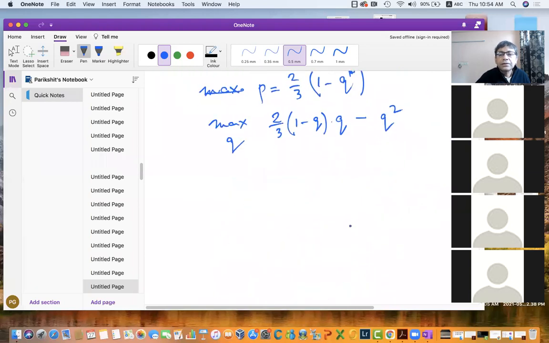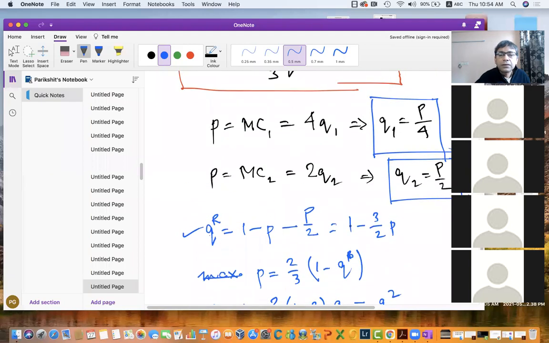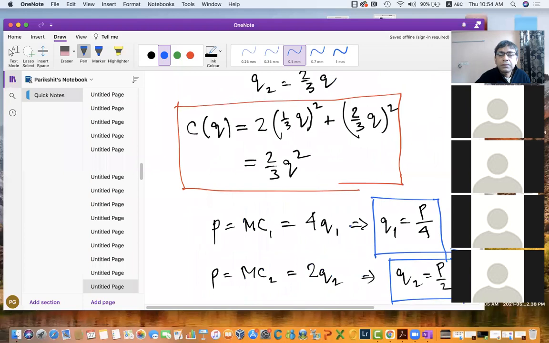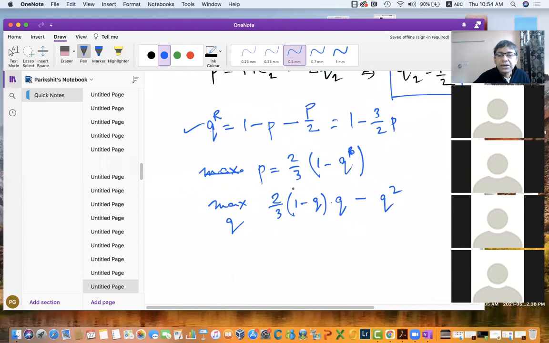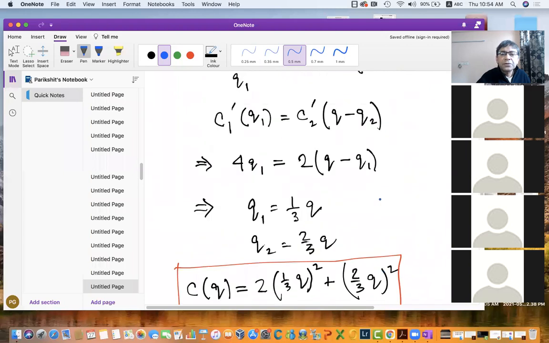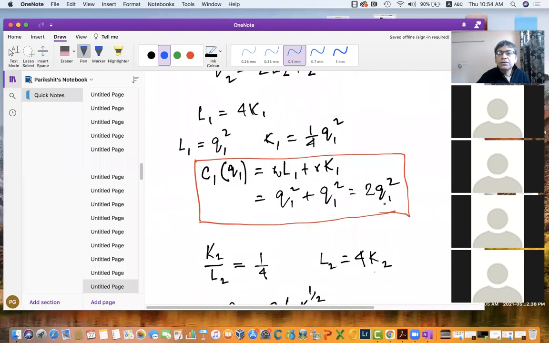Sir, it will be Q square. So Q1 square actually. If you've written it as, if Q here means Q1, then yes. Yes, it means Q1. So it is going to be 2Q squared, I think. Yeah, because the dominant firm is firm 1. And firm 1's cost function is 2Q.